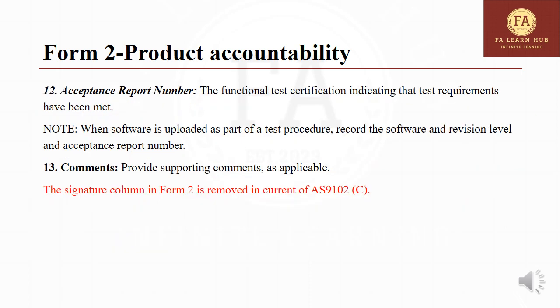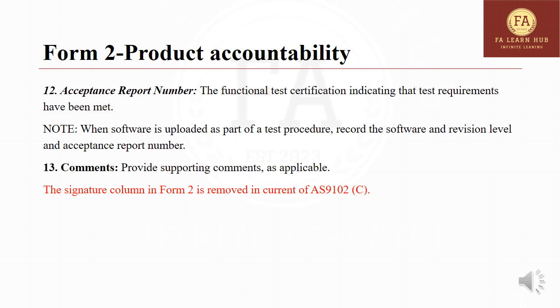Field number 12, acceptance report number. The supplier has to do the testing as per the test procedure and make a report. The test report number shall be put in this column.